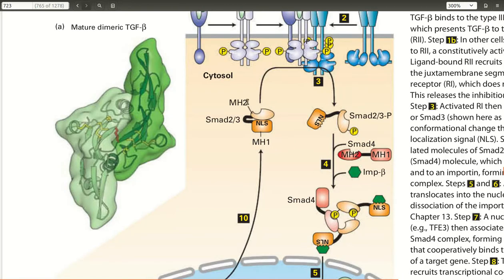And so two of these SMADs, 2 and 3, together with the SMAD4 form this trimeric structure, and the importin beta will then also be added to the nuclear localization signal domain of the two SMAD 2 and 3.